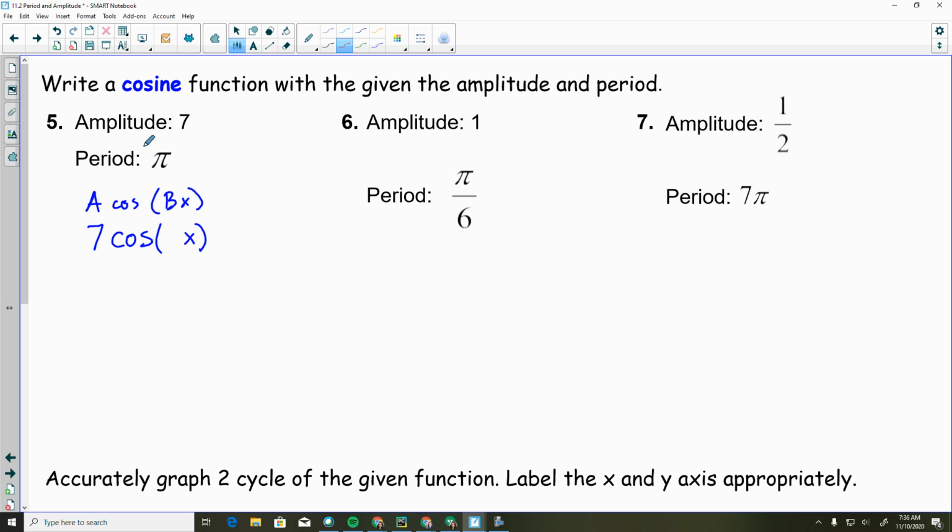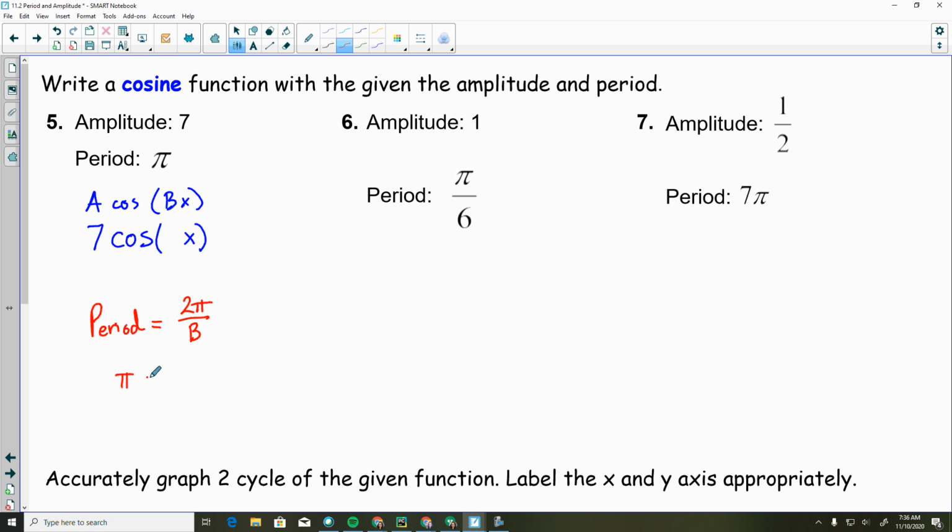So I'll take my period and use it to solve for b. The period is equal to 2 pi divided by b. Right now I have the value for the period. I know the period is pi, so I'm going to plug that in right here.